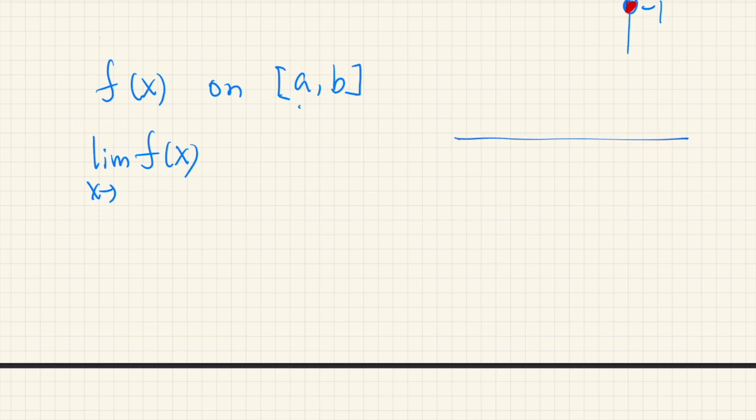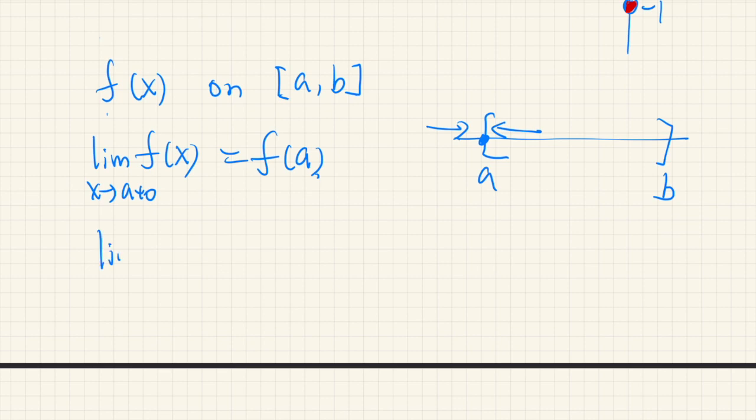So if we have this interval, we cannot approach a from the left because it's not in the domain of this function. So we can approach this point a only from the right. So a from the right. If this is equal to f of a, then we say this function is continuous at x equal to a.